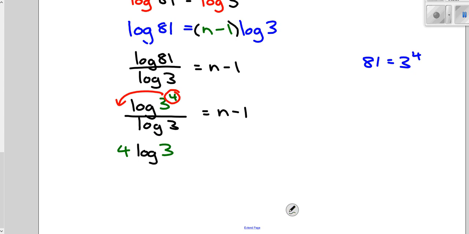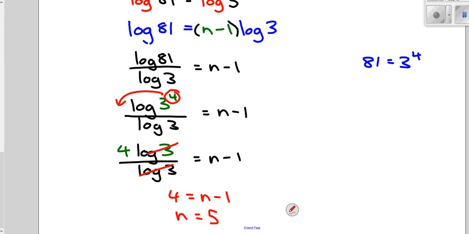So see, something's going to cancel now, and it could be non-calc. Isn't that awesome? The log 3s cancel out. So 4 equals n minus 1, so n equals 5.